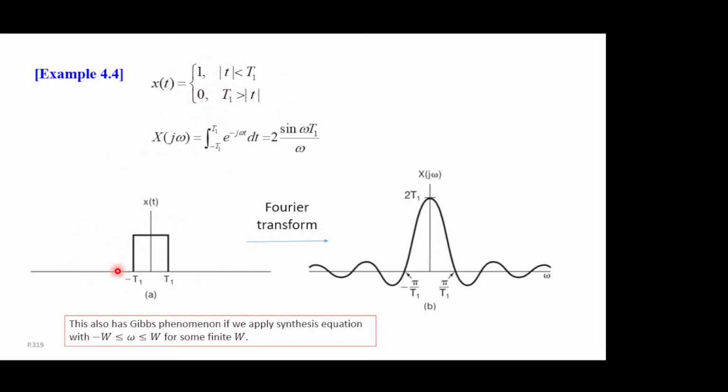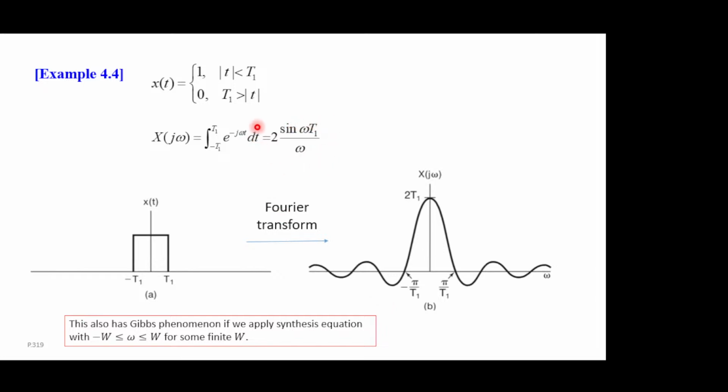So x of t is this rectangular function from -t1 to +t1, and we say its height is 1. And we can just brute force do the calculation. We do the integration to get our big X of j omega, and that will be an integration from -t1 to t1 of the value 1, times e to the minus j omega t.